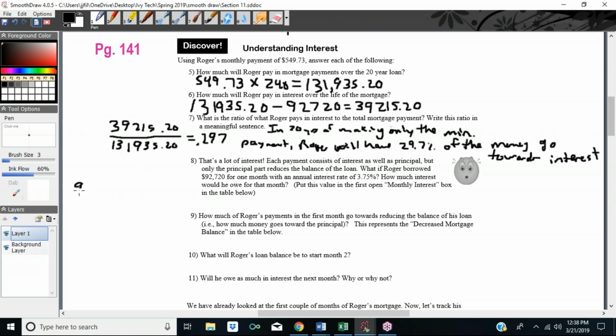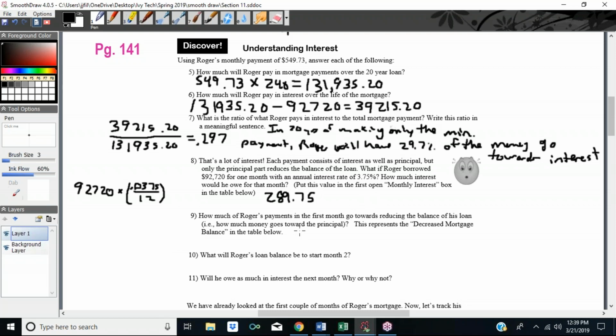So let's see, 92,720 times the rate was 0.0375 divided by 12. And it looks like Megan got 289.75. That's what I got also. So that's how much would go towards interest.